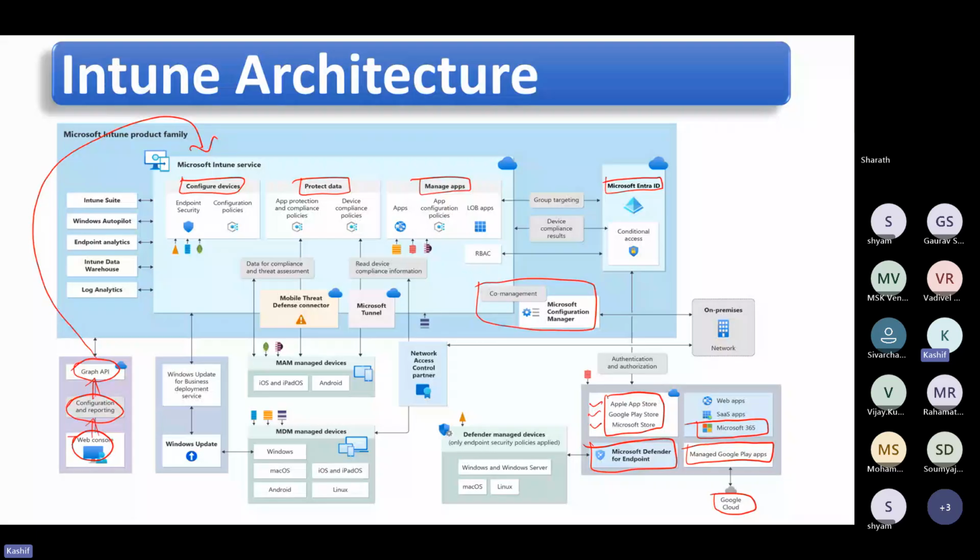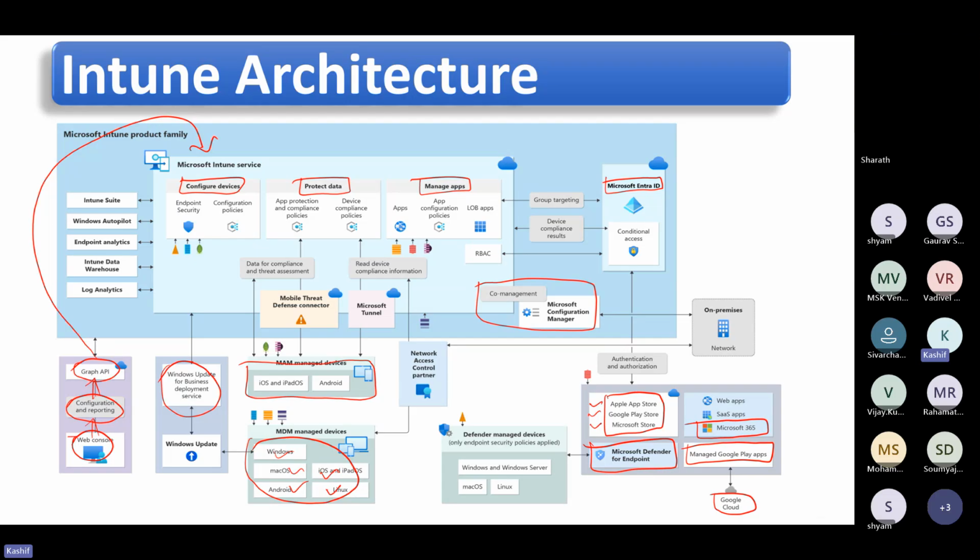Then you can manage devices. What all devices can you manage from Intune? Windows devices, Mac OS, Android, iOS, iPad, Linux devices. Plus you can manage applications on iOS, iPad, and Android devices from Intune. You can deploy updates to your devices using Windows Update for Business deployment service. Okay.